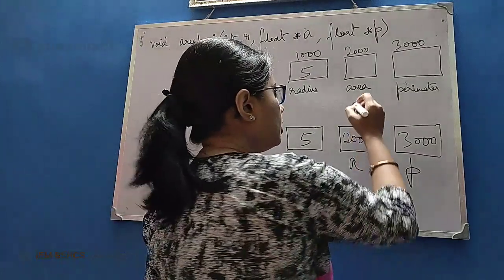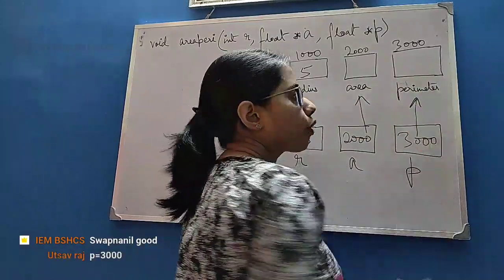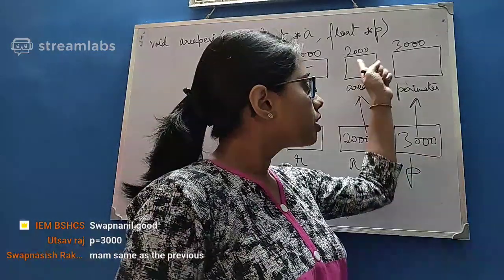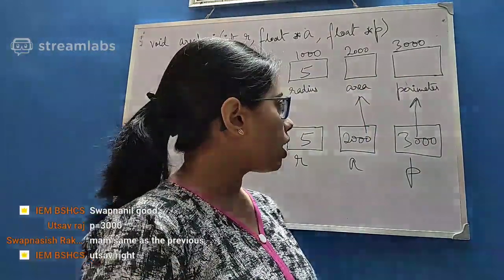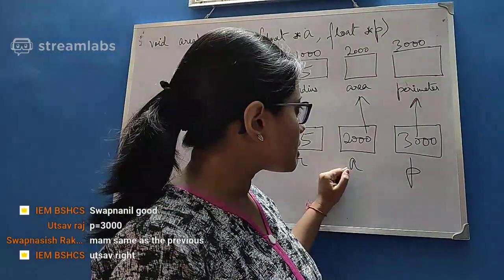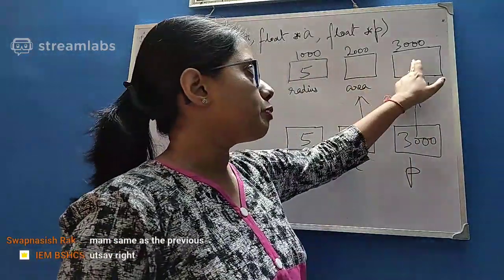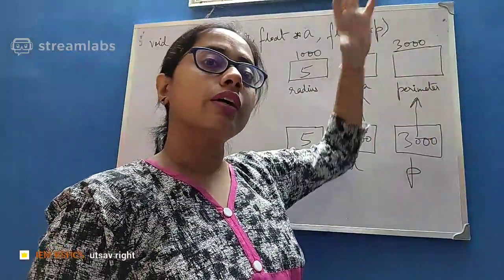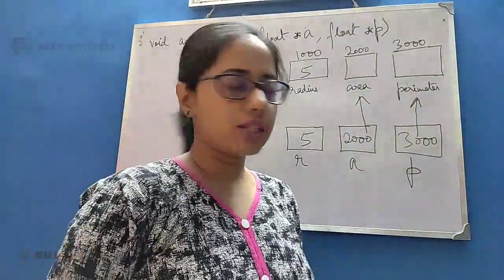Right? So we are actually making the variables A and P point to the locations occupied by the variables area and perimeter, right? So now if I make any calculation using this particular reference, using this particular address, naturally I'll be able to store it in the original location, the location of the actual parameters.